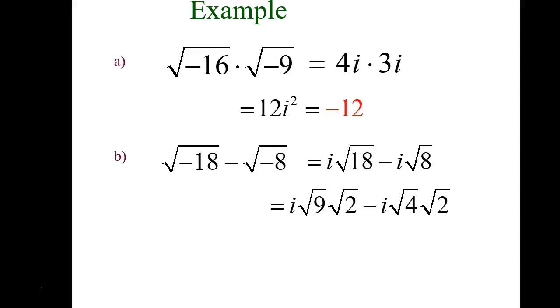So the first term gives us 3i, because of the i we pulled out, so 3 from the square root of 9, 3i radical 2. The second term gives us 2i radical 2 because of the square root of 4. And now that they're like terms, we can combine them. So if we have 3i radical 2 and we take away 2i radical 2, how many i radical 2's do we have? It's just 1 i radical 2.